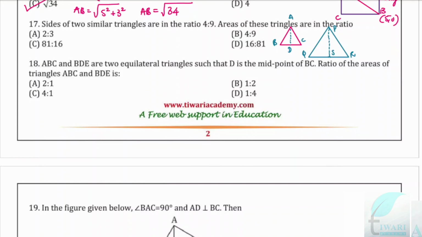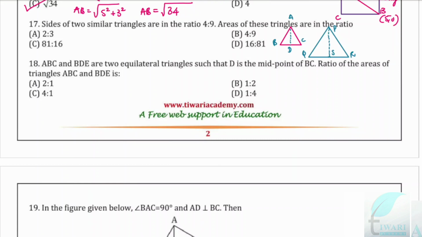So coming on to question number 17, sides of two similar triangles are in the ratio of 4 is to 9. Then the areas of these triangles will be in what ratio? So the two similar triangles are ABC and PQR.